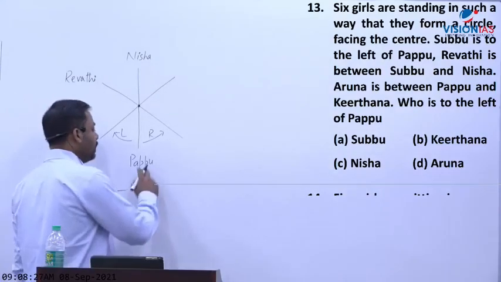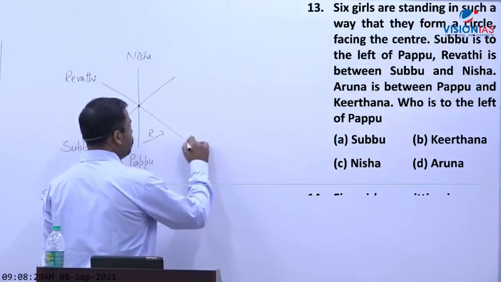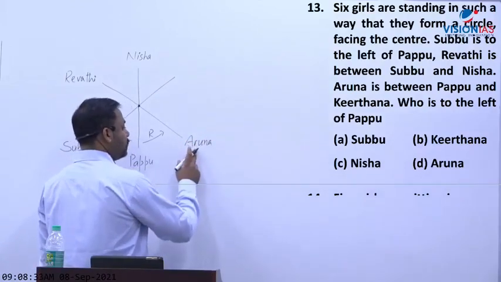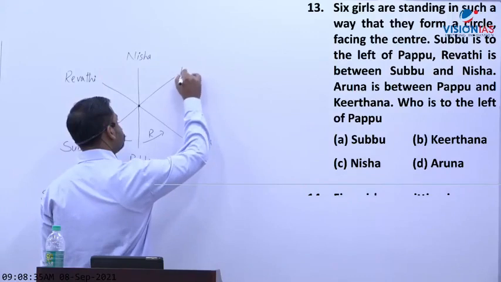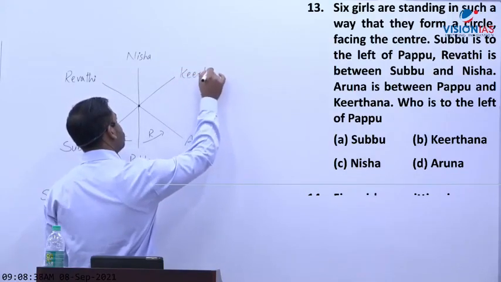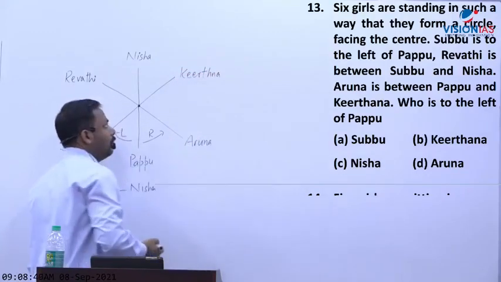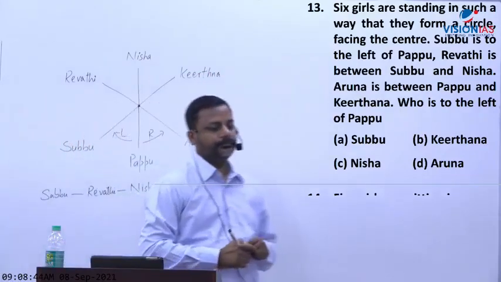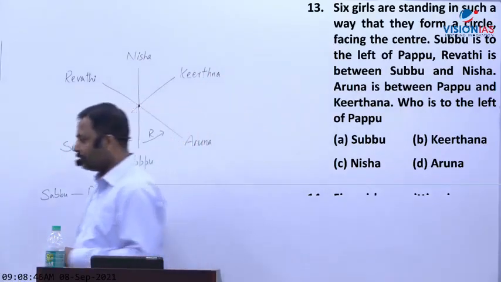So on the right hand side of Pappu, we have to place Aruna over here. And Kirtana is again next to Aruna. So that's why on the other side of Aruna, we have to place Kirtana. So this is the complete formation.